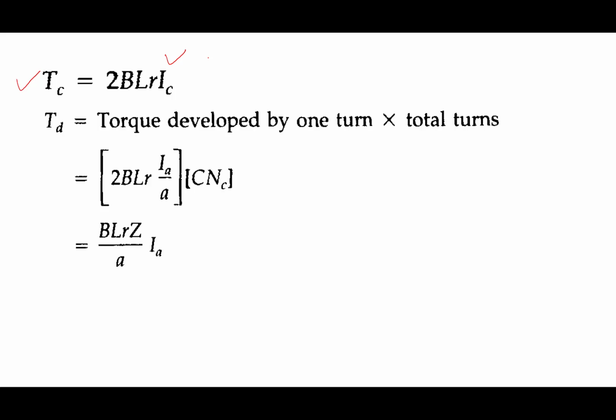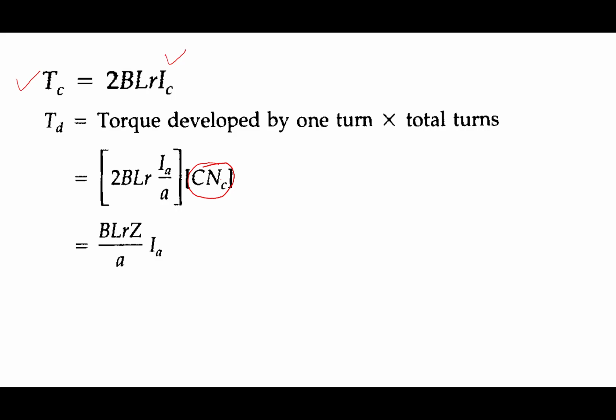Then I can write the net torque developed in the armature will be torque developed by one turn into total number of turns. So what is the total number of turns? We have seen yesterday, that is C Nc is the total number of turns, because C is the number of coils and Nc is the number of turns per coil.